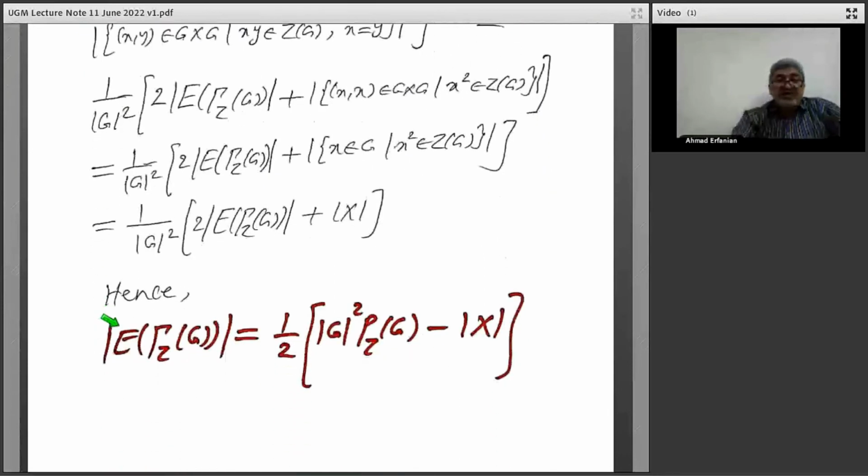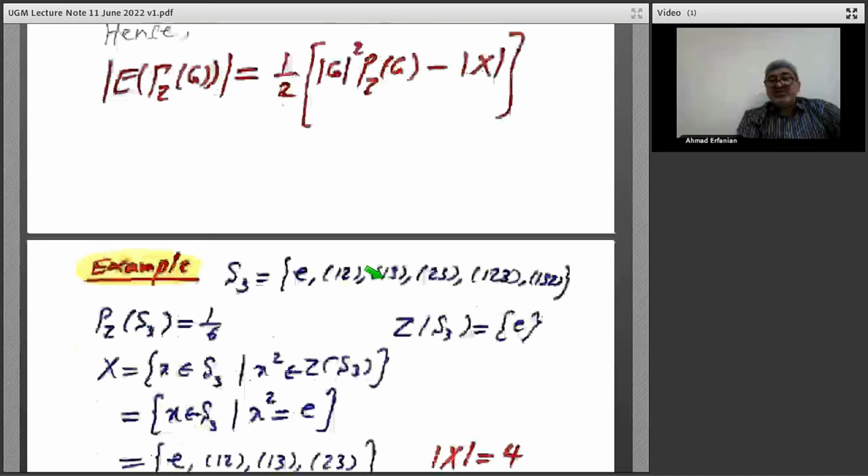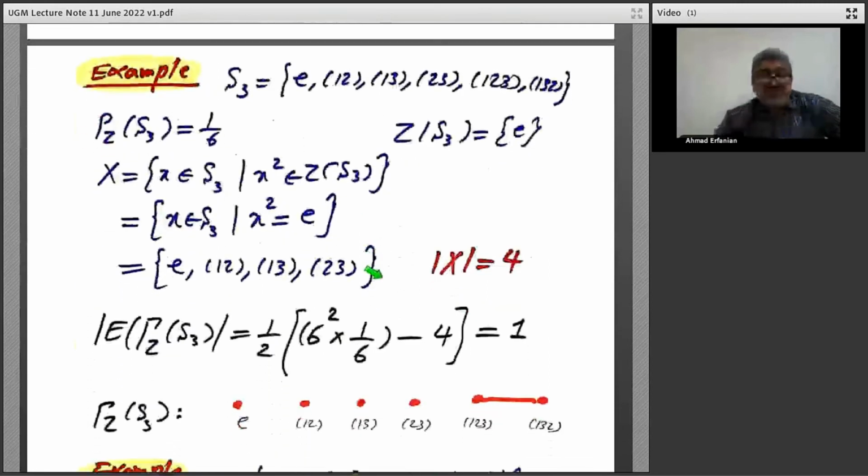So we can give a relation between the number of edges of the central graph and the centrality degree. The number of edges is half of the order of G squared times the centrality degree, minus the size of the set X, which I defined.